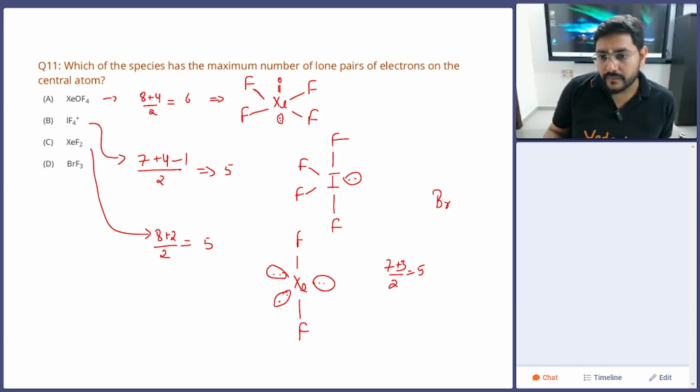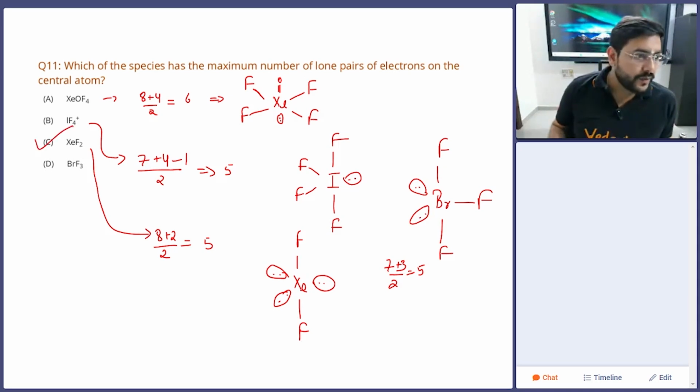So Br, and here fluorine, fluorine and fluorine. This is T shape with 2 lone pairs. I think we got the right answer. That is XeF2. XeF2 has how many lone pairs? 3 lone pairs are there.